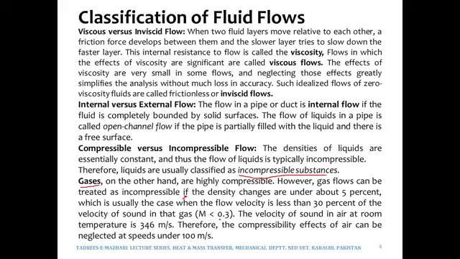So if this is the case, then the flow of the gases may also be termed as incompressible. However, if the density changes are more than 5%, which would happen if the flow velocities are more than 30% of the velocity of the sound in that gas, then of course the gases would be termed as compressible.